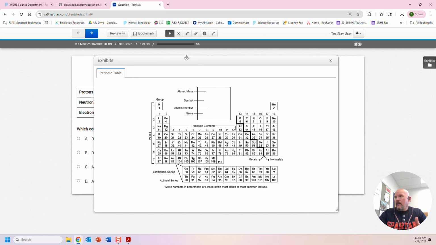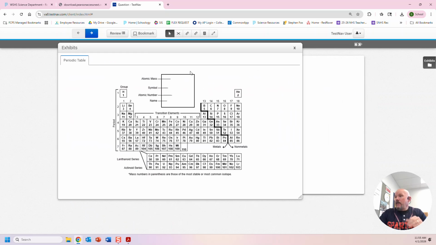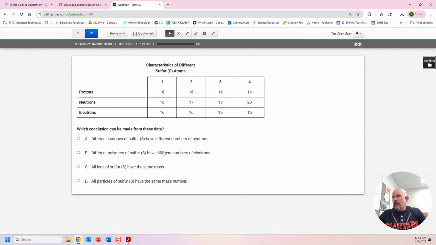Now, you might be worried because if you look at the boxes, it has the chemical symbol, but it doesn't have the chemical name. What you should notice is when you look at a question, anytime they mention an element, like here, sulfur, they put the chemical symbol in parentheses. Sulfur's an easy one, but if they said silver and you forgot silver was Ag, they would have silver and they would have Ag in parentheses.